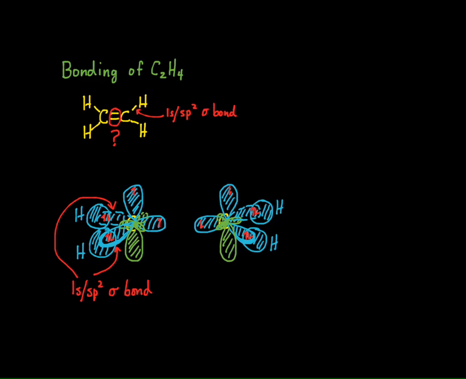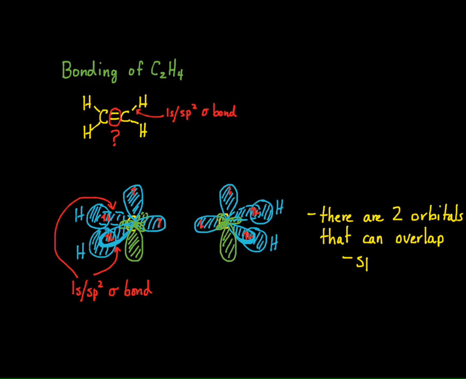So each carbon has two sigma bonds from the overlap of the 1s orbital of hydrogen with an sp2 orbital of the carbon. Now, there are still two orbitals that can overlap, and these two orbitals are what's going to overlap to form that double bond. See, two orbitals forming two bonds between the two carbons.